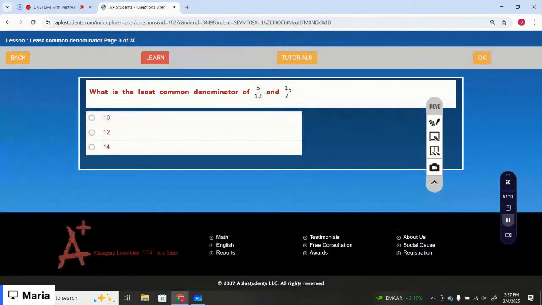What is the least common denominator of 5 by 12 and 1 by 2, which is the correct option?